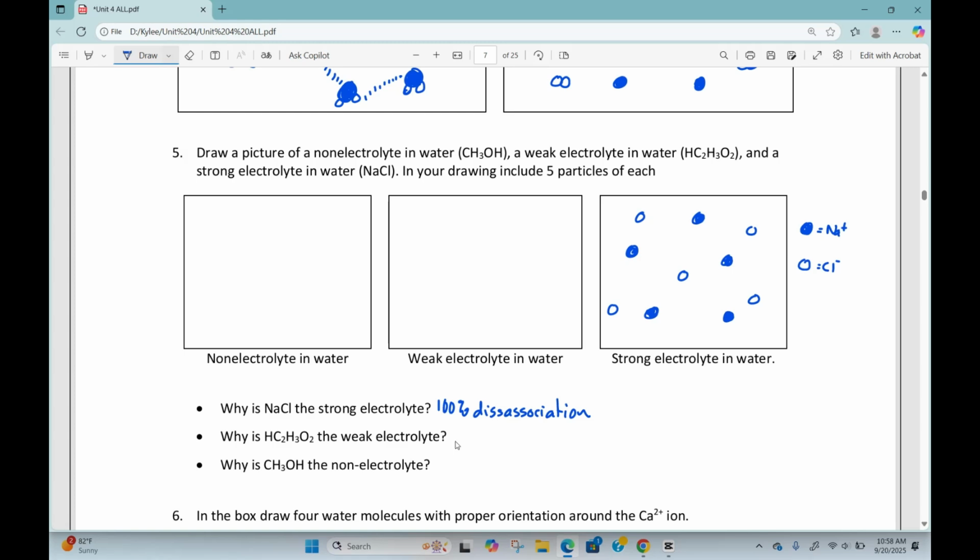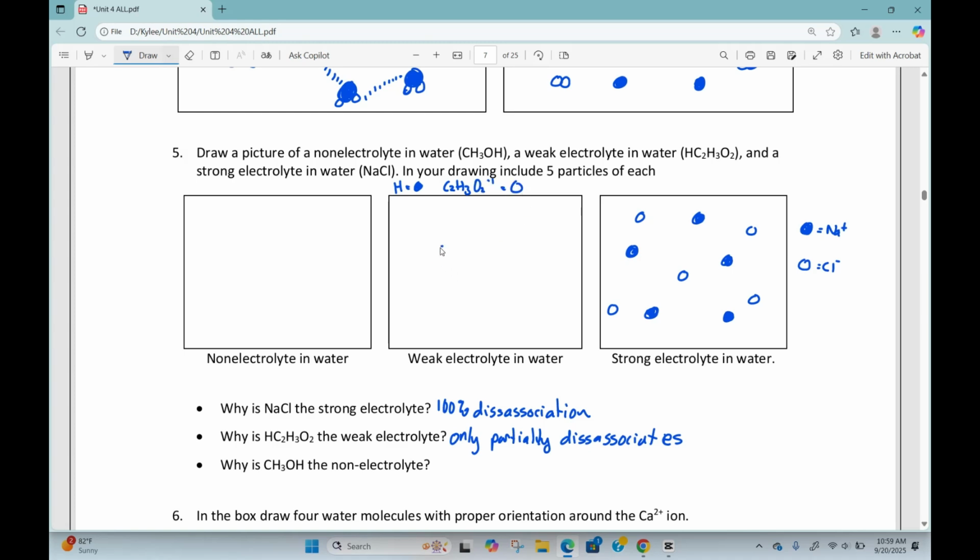Now, a weak electrolyte is something that only partially dissociates. So a weak electrolyte is something like acetic acid. And I think, again, it would be easiest if I did the key up here. So there's my H, and then I'm going to use the acetate ion, the whole thing, as my open.